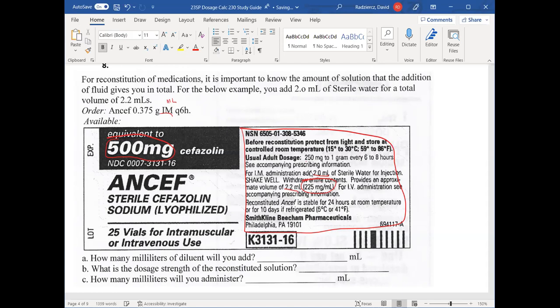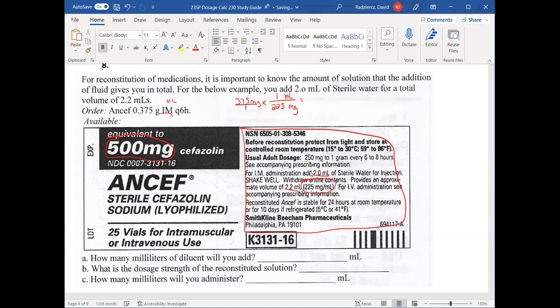Once you know that, then it's just a matter of 375 milligrams, milliliters, 225, 1. Now, I think at North, they like it that you start with milliliters first. So if you just switch these two around, if you do the 1 milliliter over 225 milligrams times 375 milligrams, we're writing the same thing.